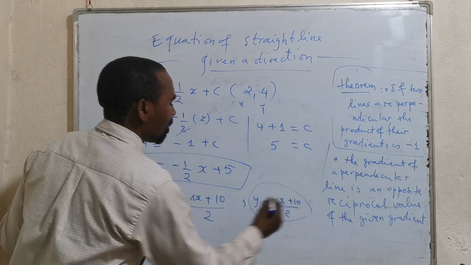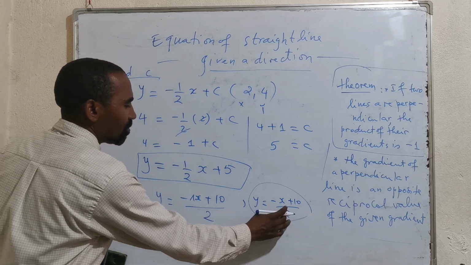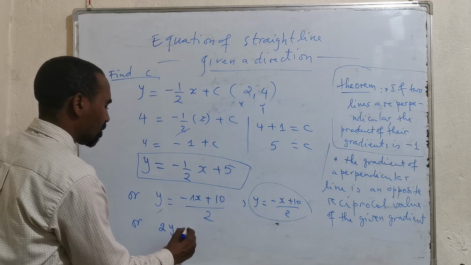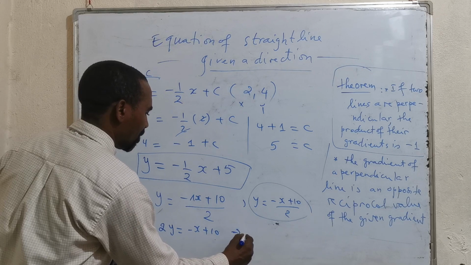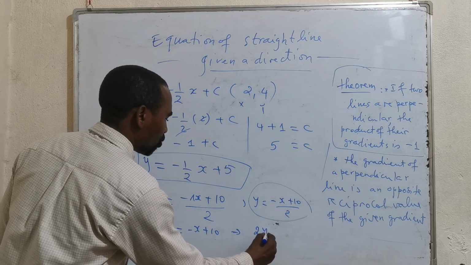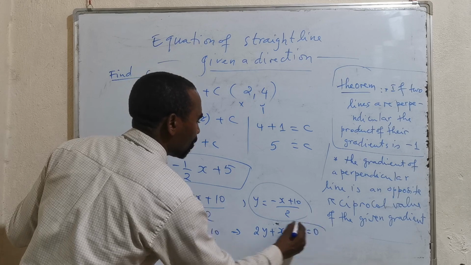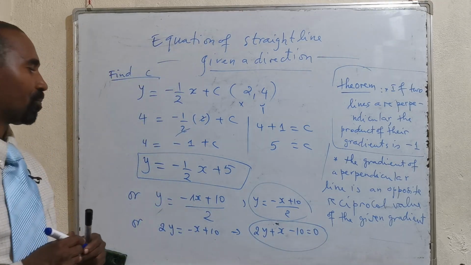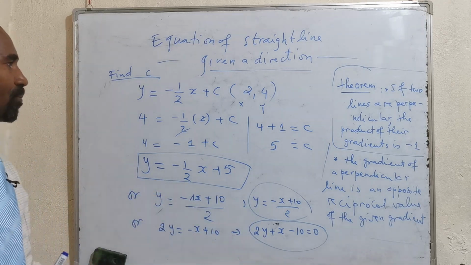It is also an equation. Or people can cross multiply and get 2y = -x + 10. When you bring everything to one side, you get 2y + x - 10 = 0. These are different forms in which this line can appear, but any of them is a good answer.